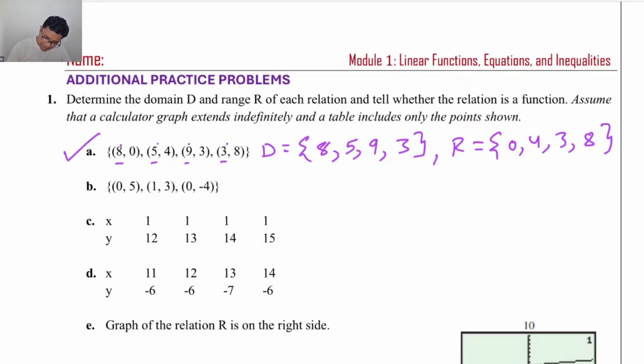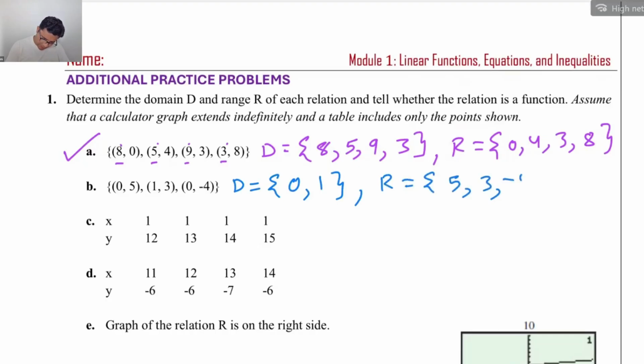Next, the domain. You can go ahead and do it on your own now. Right? Don't have to repeat that 0. And the range is 5, 3, -4.